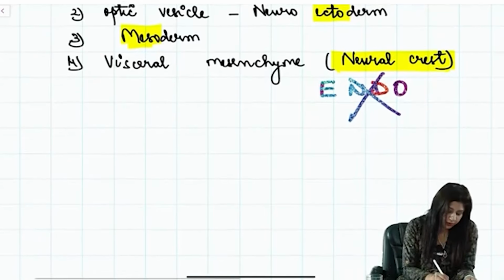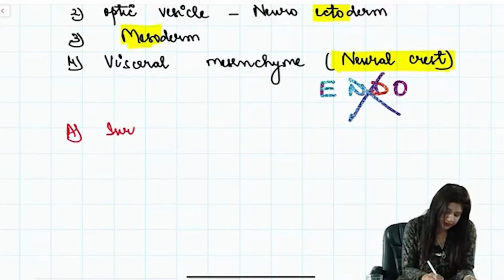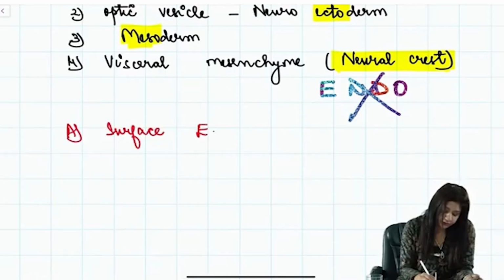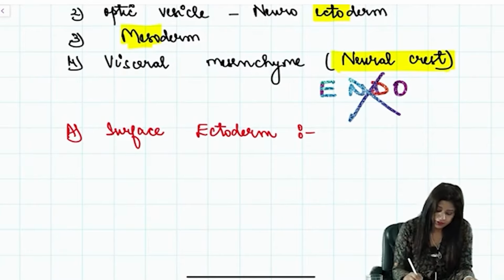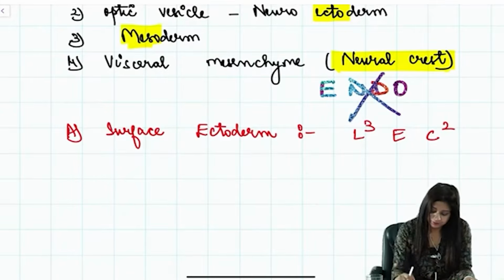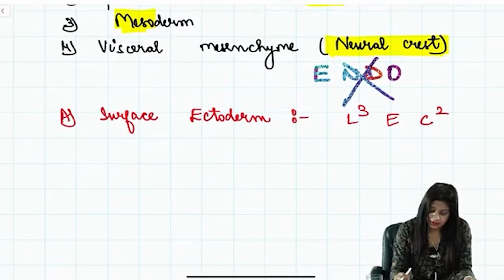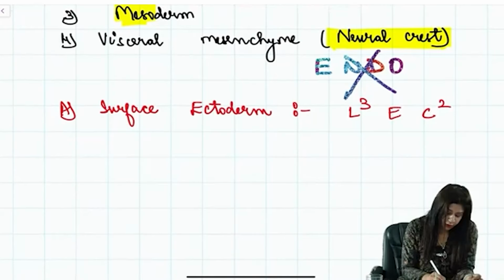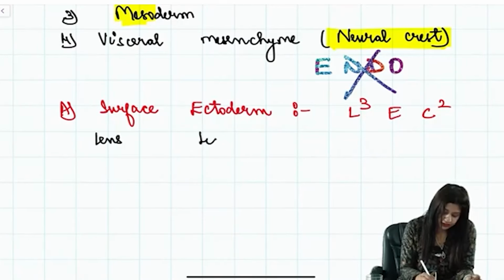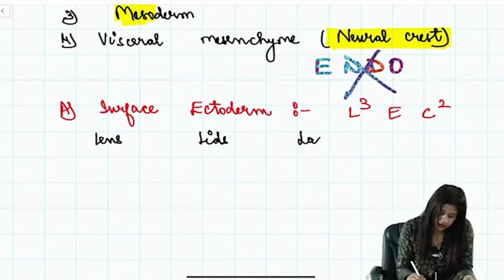So first I will talk about the surface ectoderm, the derivatives of surface ectoderm. What are the structures developing from surface ectoderm? The mnemonic is L3E and C square.